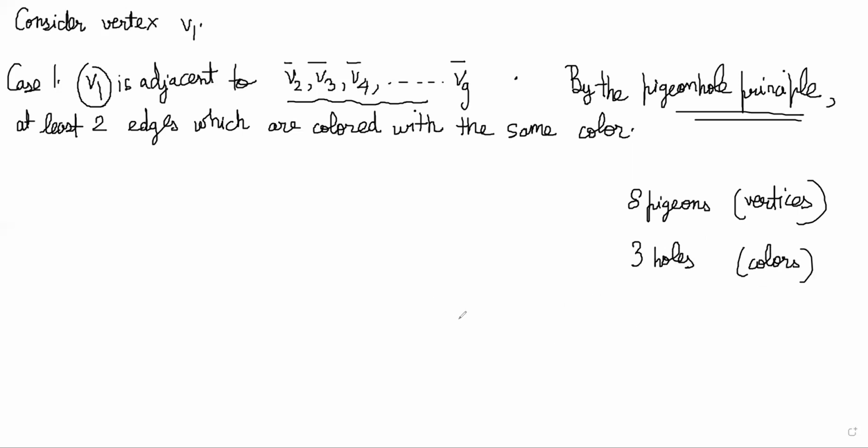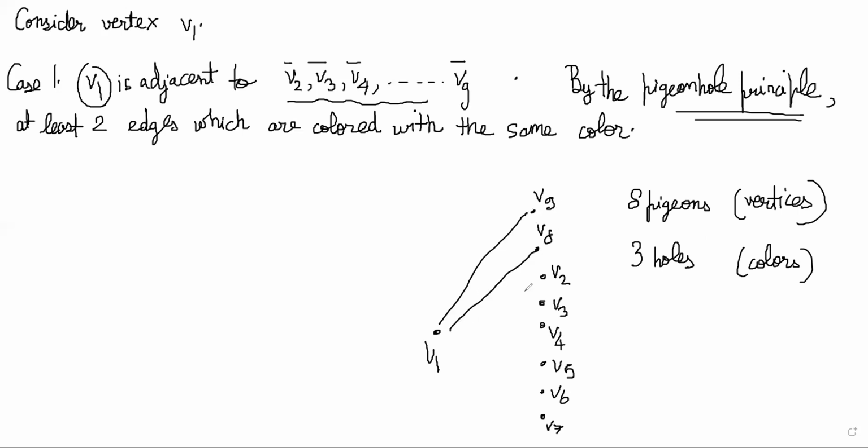So what I'm saying is V1 is here, V2, V3, V4, V5, V6, V7, let's say V8 and V9. Since V1 is linked to all of them, you have to connect all of these edges, but how many colors do you have? You have only 3 colors to choose from.